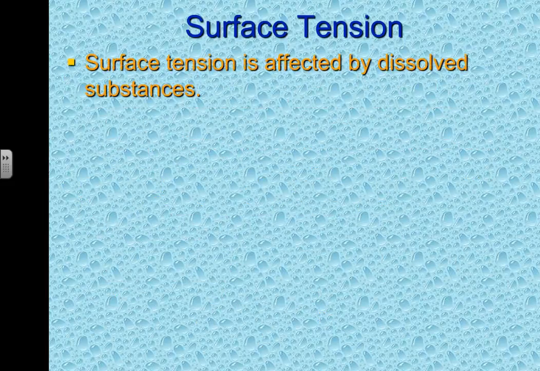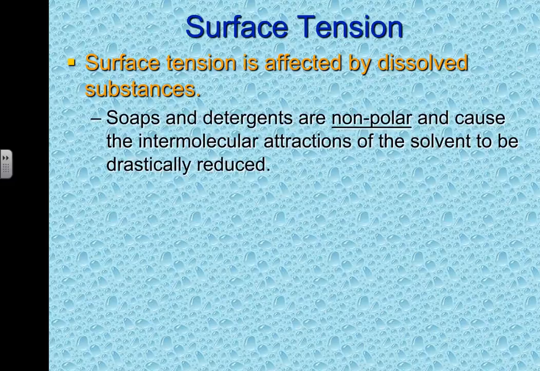Another thing in terms of surface tension, and this is actually something that, again, if you had me in biology, we did this. Surface tension is affected by dissolved substances. So for instance, when we were in biology, we took the water and then we added salt to it. And the salt water actually will not hang on the penny quite as long because of a disruption of surface tension. So soaps and detergents are actually one of the best ones to talk about with this.